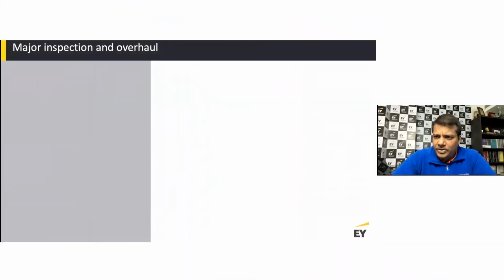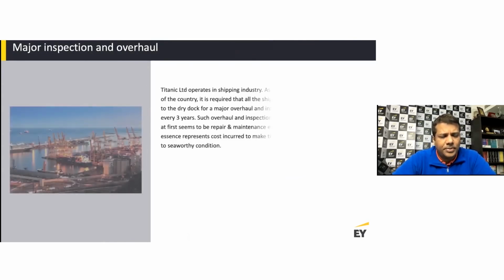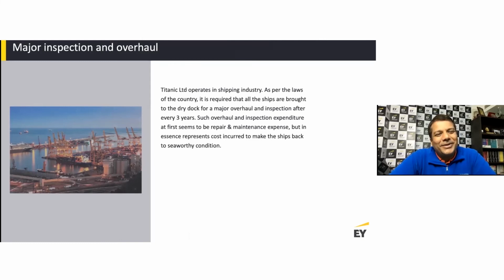Interesting concept we've been talking about: inspection and overhaul, and how they become, in a way, a component, right? So let's try and understand this with the help of an example. Titanic Limited, not the same Titanic, I hope, right? Titanic Limited operates in the shipping industry.